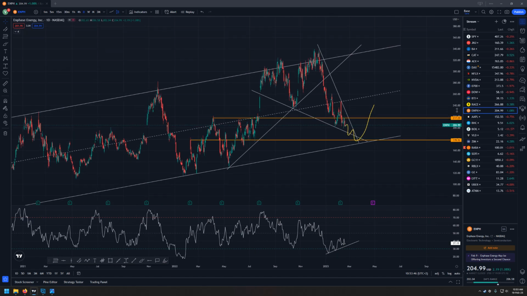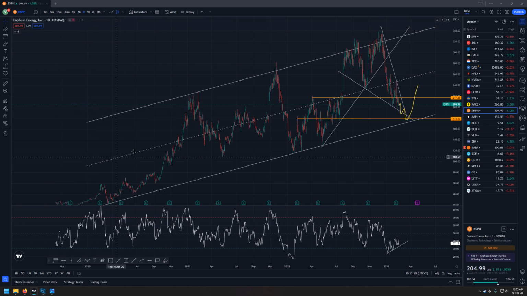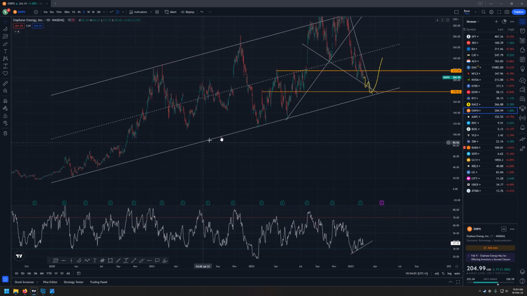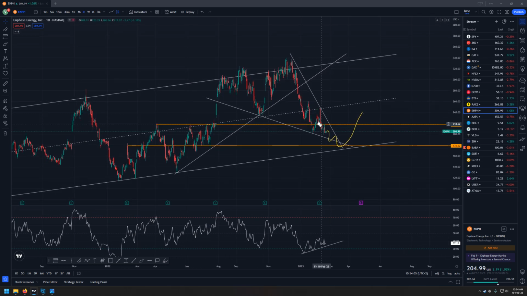Enphase is one of the things I liked a lot. So we have a bullish divergence on RSI. We have this potential very large falling wedge. We have the long-term channel that's been respected multiple times, and with how much it dropped in the last 2 months, it's quite oversold and preparing to go back up again.